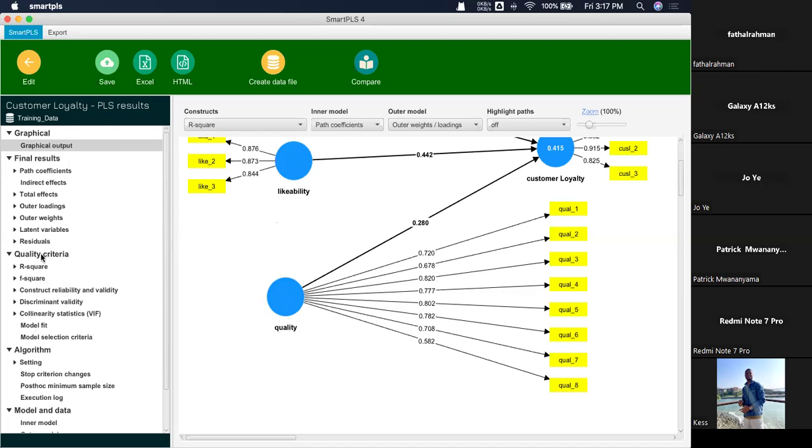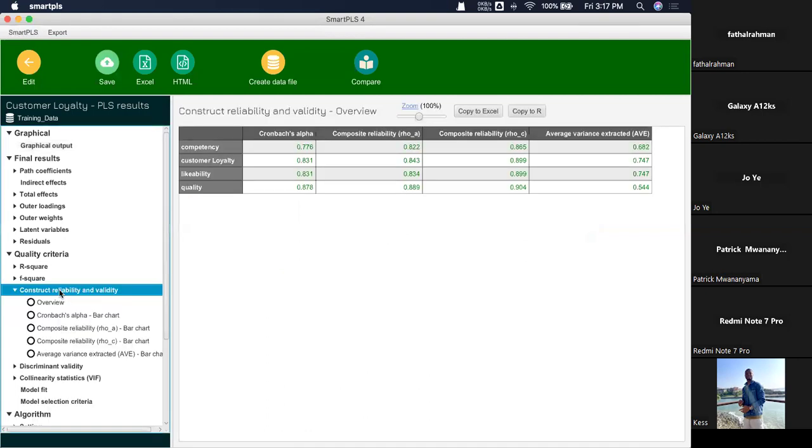If you're there, come to quality criteria. If you're there, click on construct reliability and validity, like this. When you click, you will see a pop-up window saying construct reliability and validity.